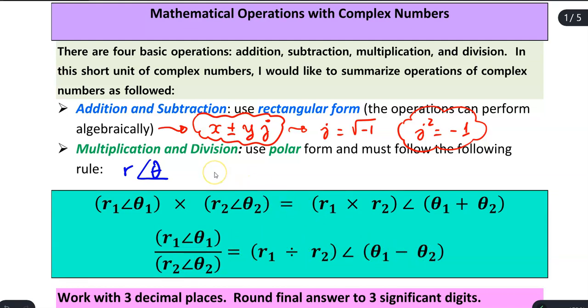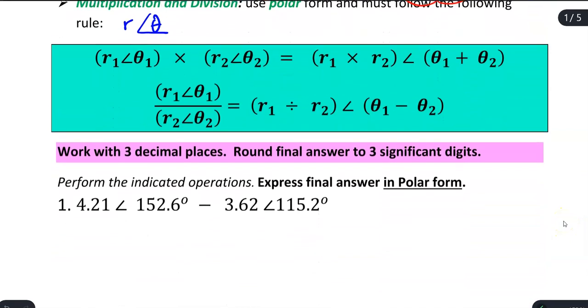There are methods for you to multiply and divide complex numbers in rectangular form as well. However, they are complicated. In this particular video, I just want to simplify and show you the simplest way to perform these operations. Alright, so let's work with a few examples.